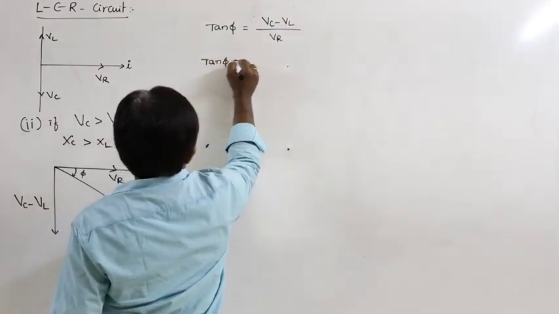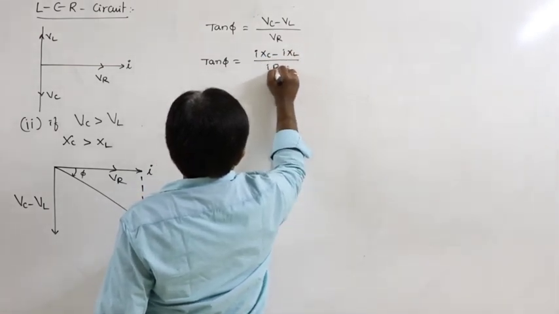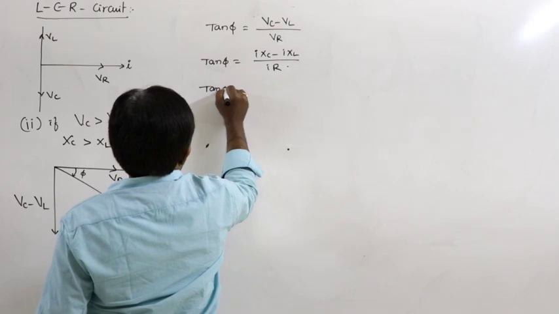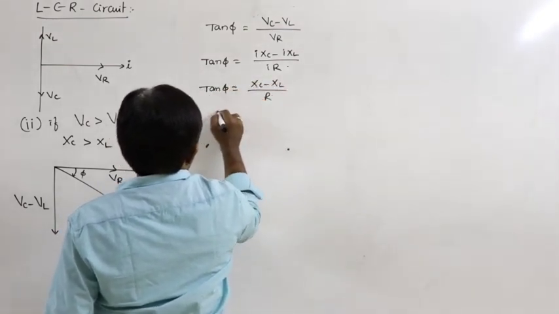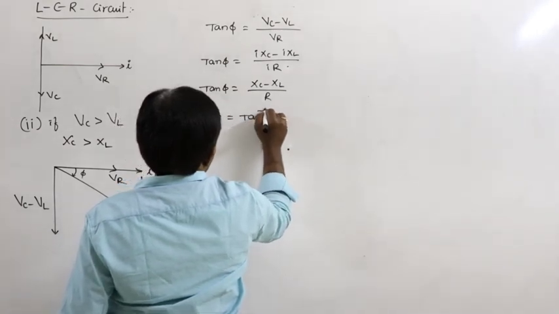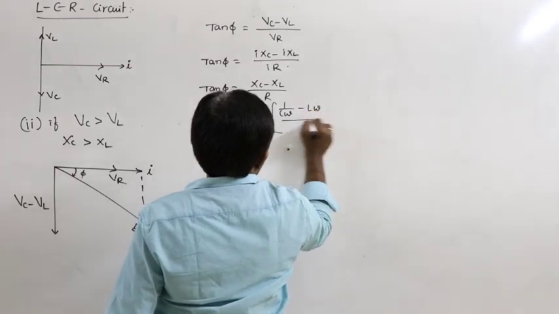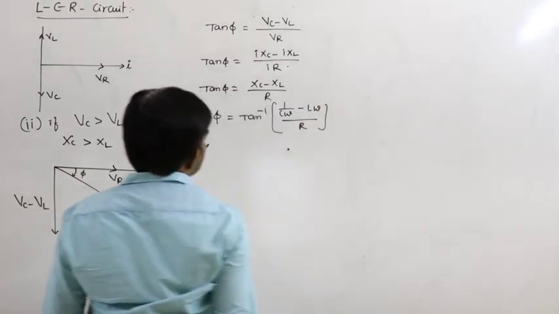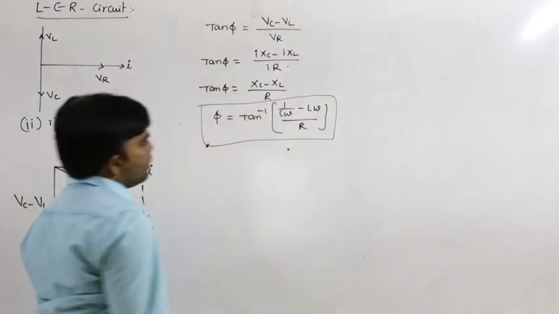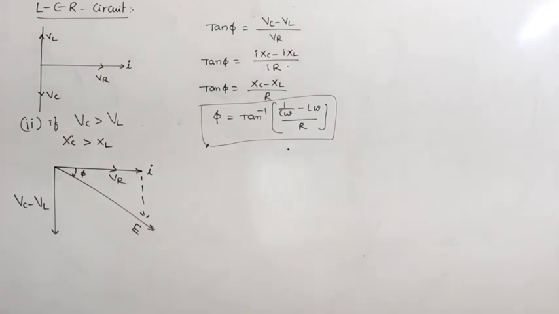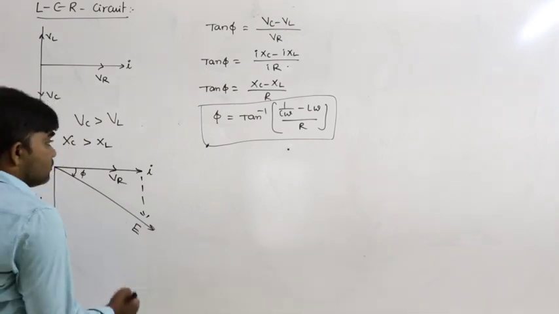Therefore, tan phi is equal to (I XC minus I XL) divided by I R. So tan phi is equal to (XC minus XL) by R. Phi is equal to tan inverse of (1 by C omega minus L omega) by R. This is the phase difference.